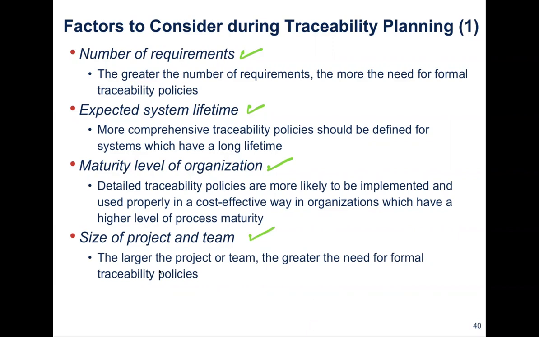So these factors are considered during traceability planning to provide efficient planning for the traceability procedure that you're going to perform to trace the life cycle of your requirements and other system artifacts. In addition to the number of requirements, expected system lifetime, maturity level of the organization, and the size of the project team, we could also consider the type of the system.